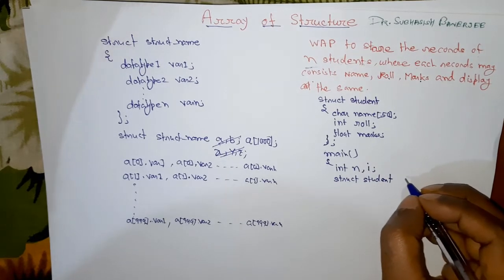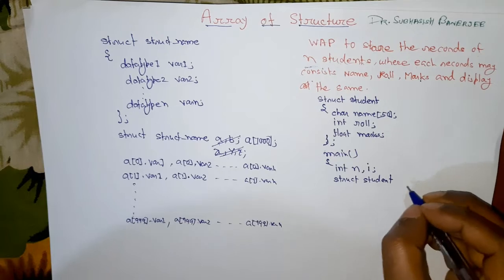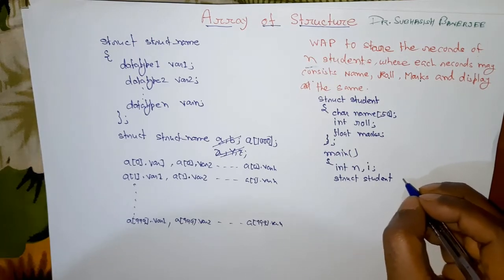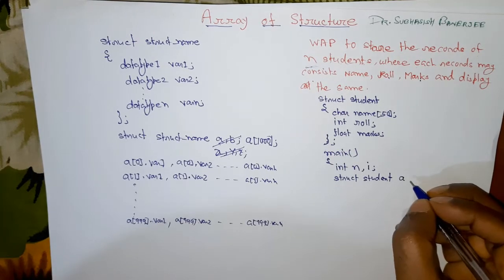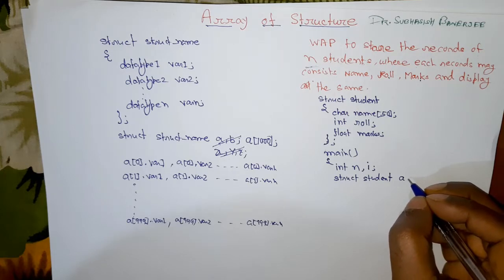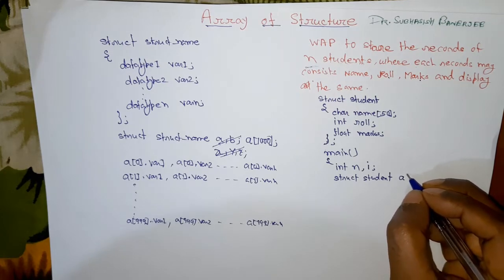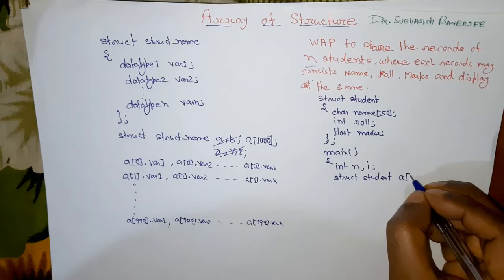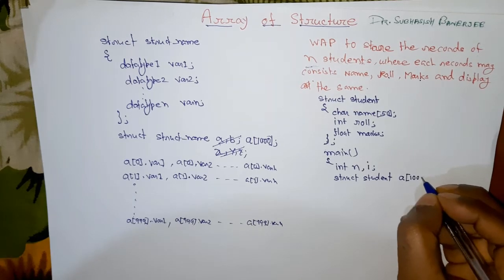Here, how many students? n number of students, but we cannot declare it as n. You'll have to specify a constant. We know that for an array the size should be constant. So let's expect that the maximum number of students would be 1000.